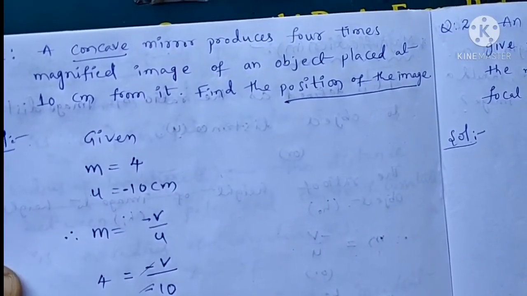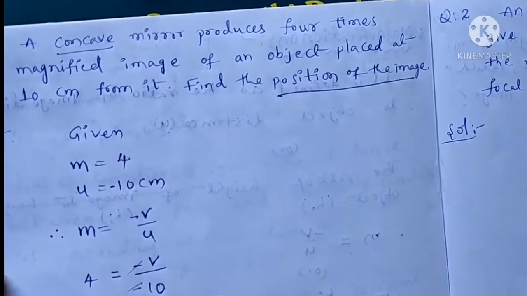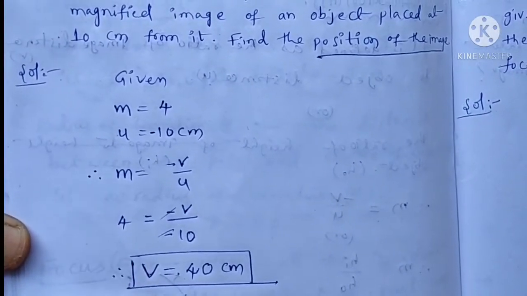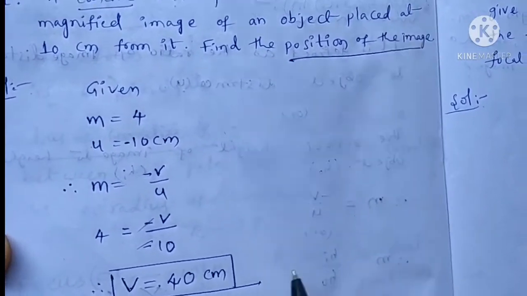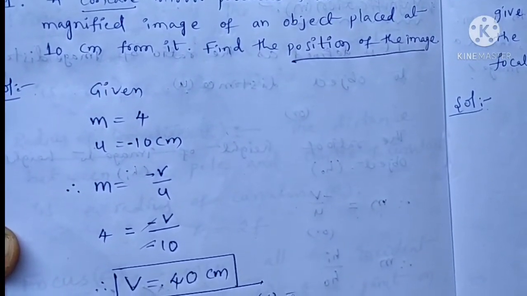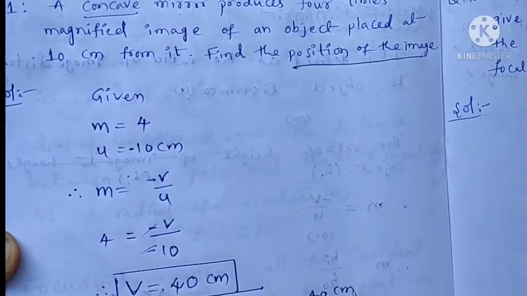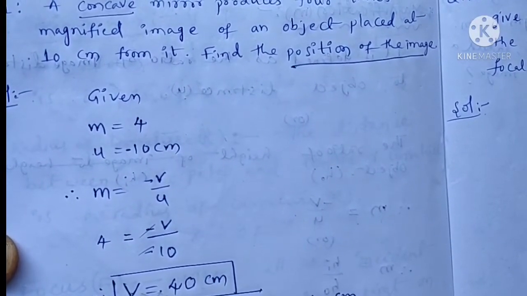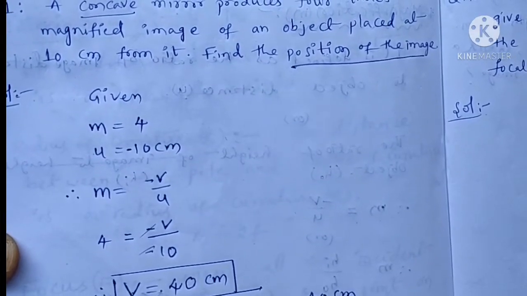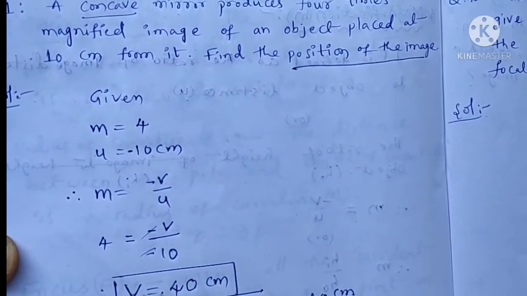So here v is nothing but image distance, how much? 40 centimeters. So whether it is positive or negative, it is a positive value.